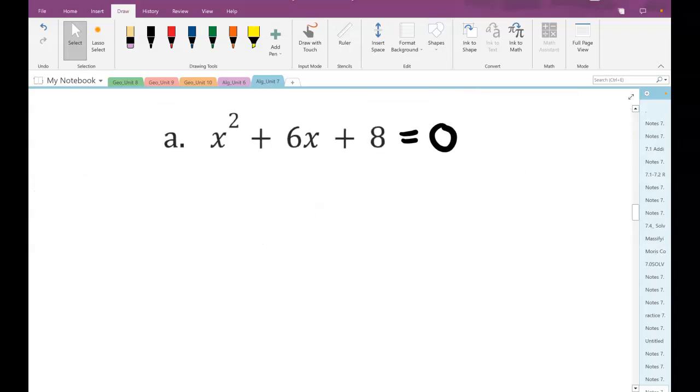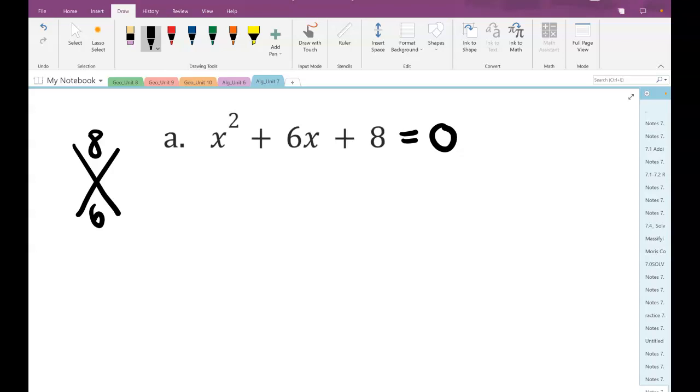First step is to check if we have a greatest common factor. Well, we have x squared, 6x, and 8. So our greatest common factor would just be 1. So we're not going to divide anything out to start with. So we go to step 2, which is setting up your x. We'll do it off to the side here. On the top, we would put an 8. On the bottom is a 6. And we fill in either side.